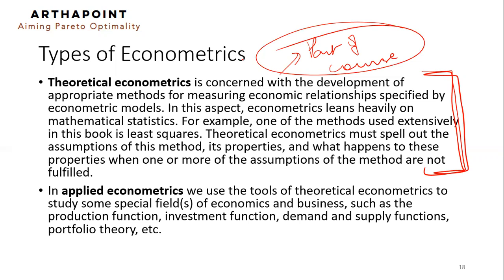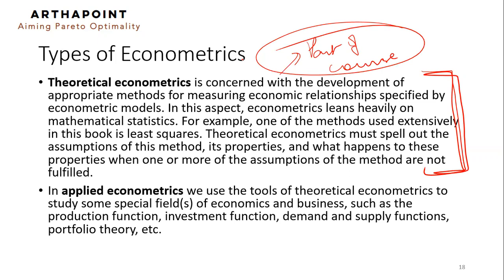Applied econometrics is when we use tools of theoretical econometrics to study some aspects. When you apply econometrics, at the end of the course, you understand how to calculate betas, how to go about and create a model, how to check for different assumptions, and what happens when these assumptions are violated, what to do about that.